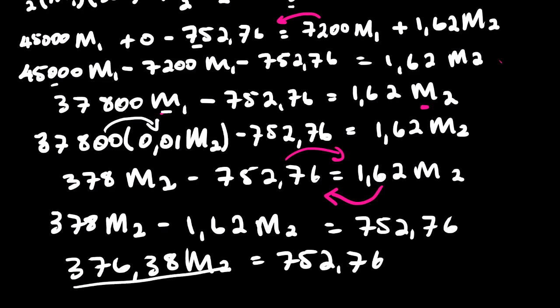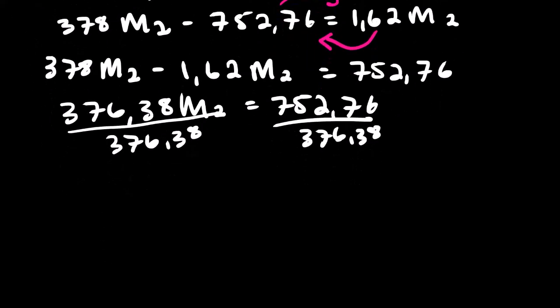We divide both sides by this number. This will result into 1 multiplied by m2, we get m2, and then the answer, this divided by this, will get exactly 2 kg.